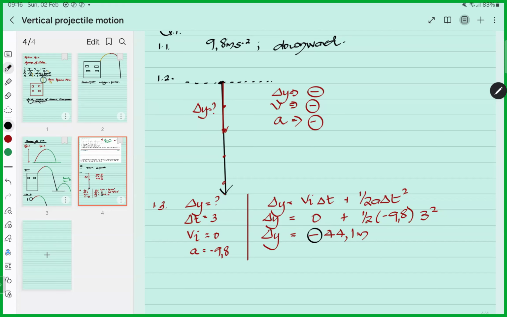You started there, you ended there, so there's your displacement vector. That displacement vector is downwards. That's a negative. That negative means down. The 44.1 is the magnitude. So if you want to write out the answer for your distance now, we'll say that the distance is 44.1 meters.